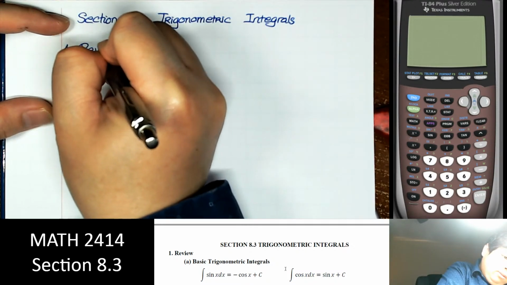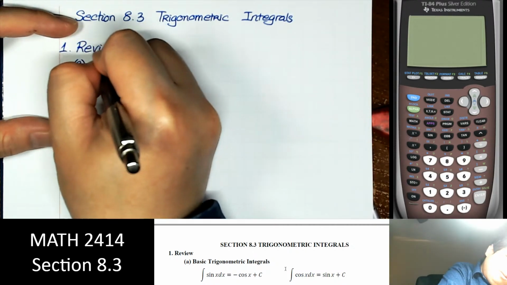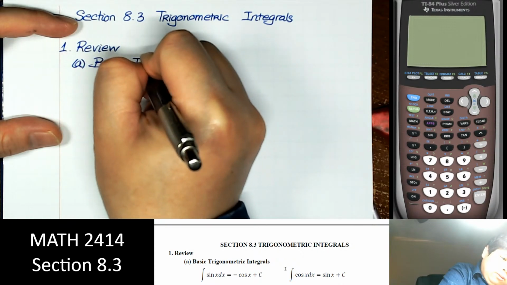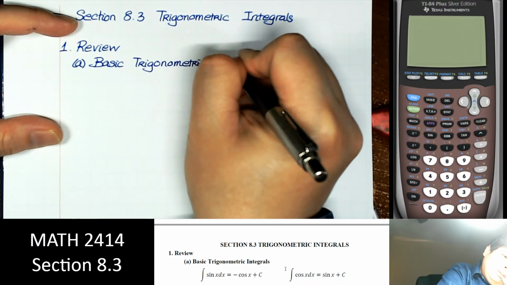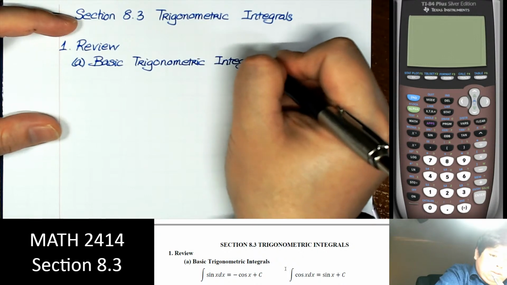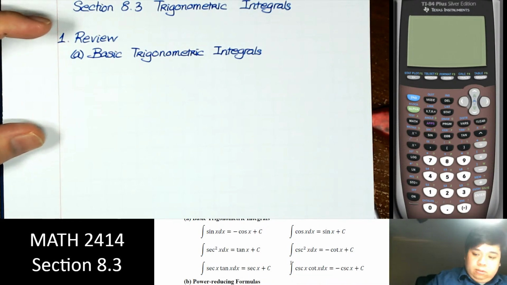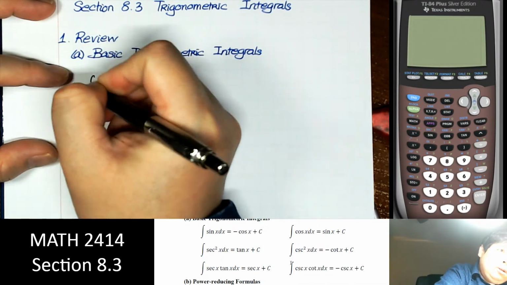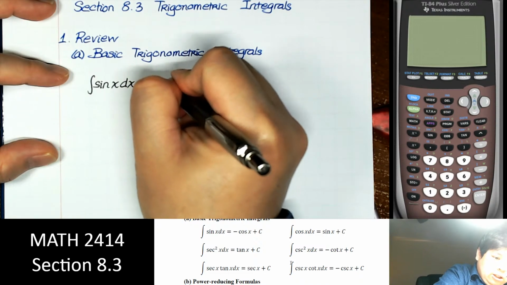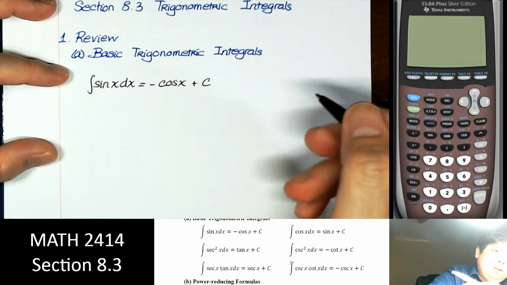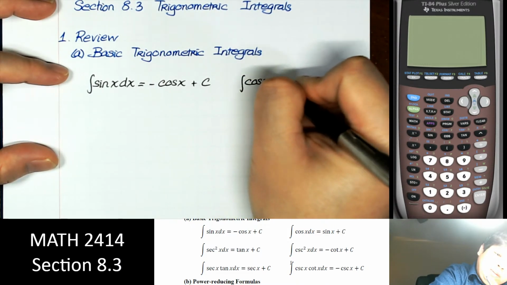Let's review. So, basic trigonometric integrals. The integral of sin x dx equals negative cosine x plus c. The integral of cosine x is just sin x.